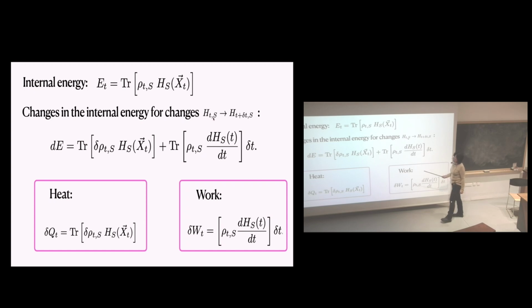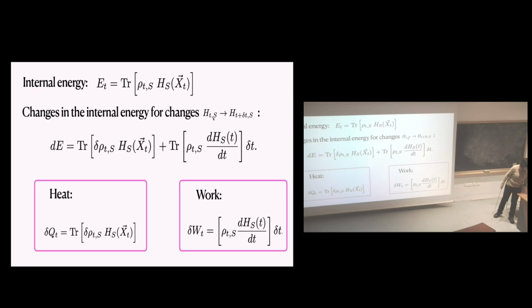And we will have these two terms. The first one is the one which is identified as heat, and the second one is the one which is identified as work.